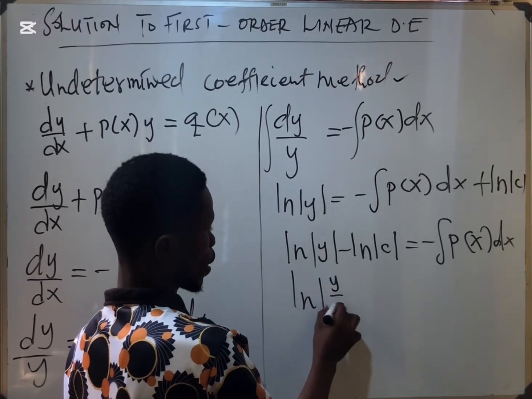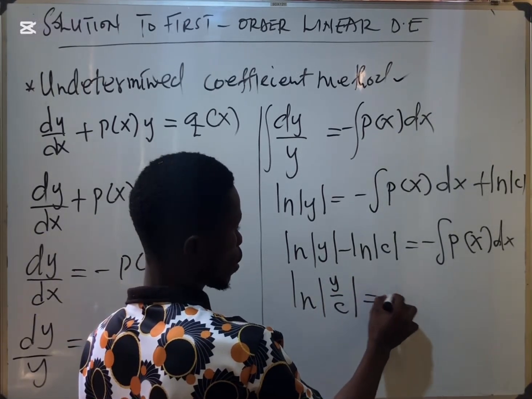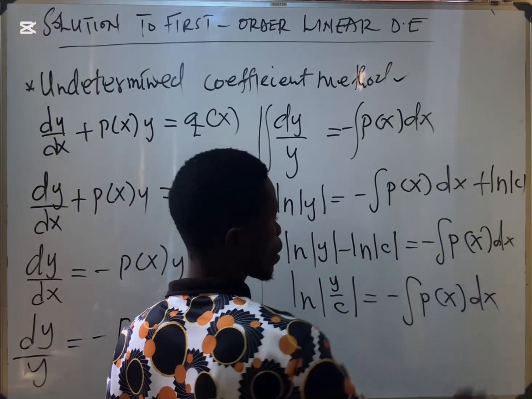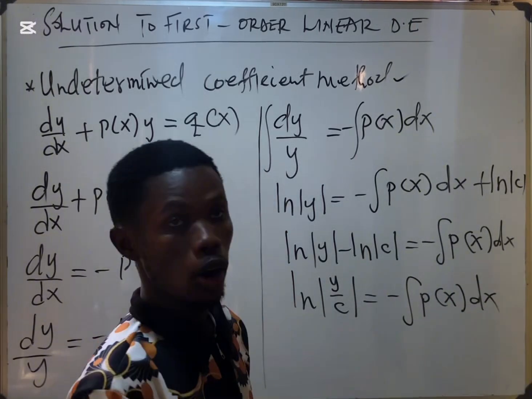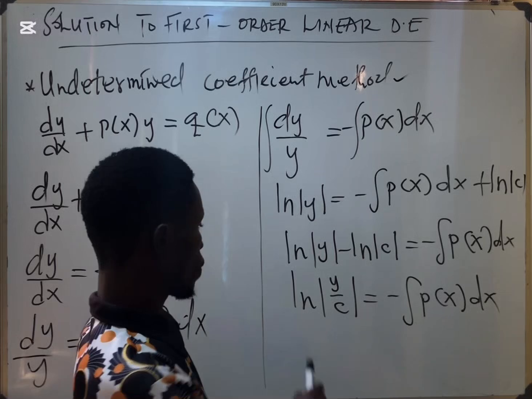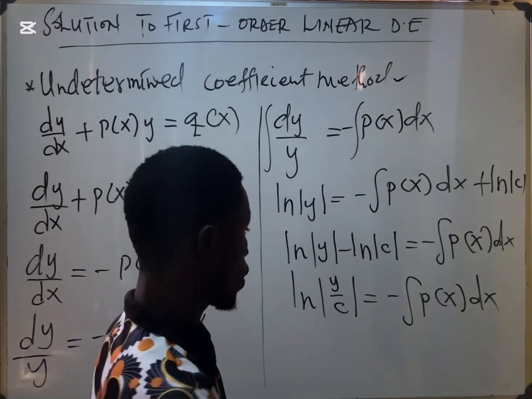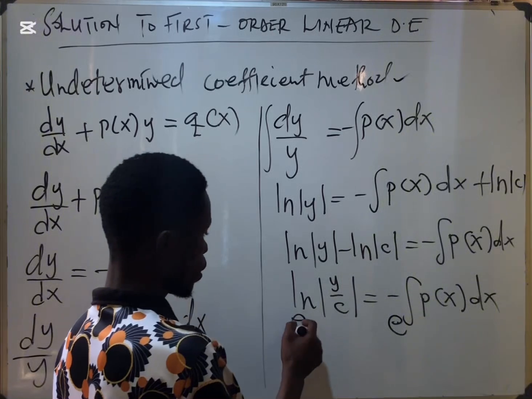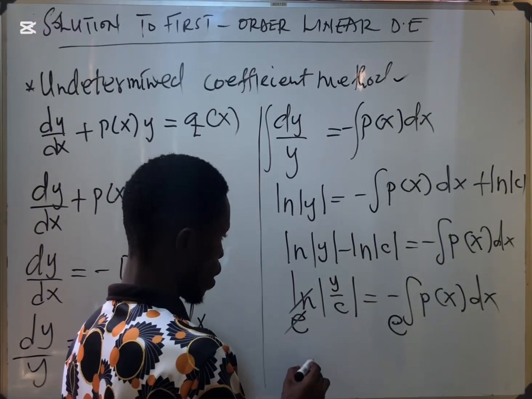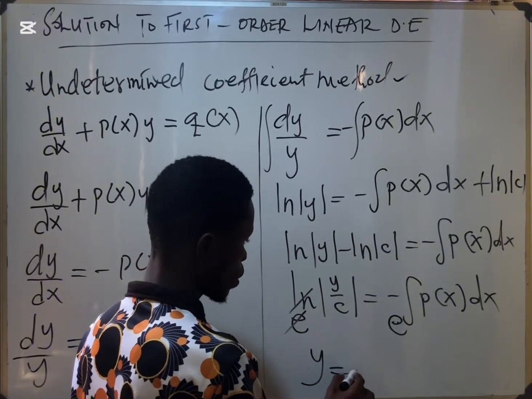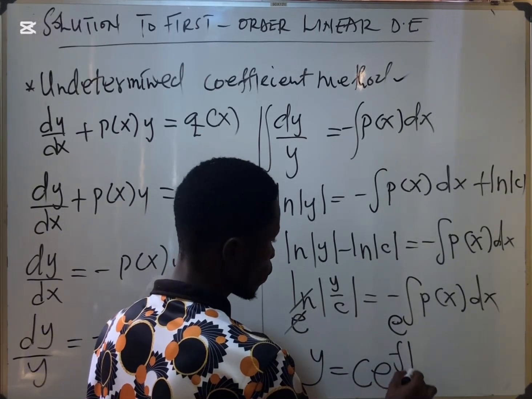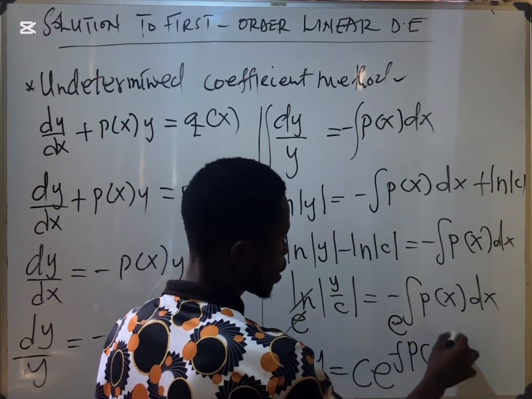Now at this point, I want to take off the ln, so I'll bring e here and e here, so that this e will cancel this, and I'll have y equals c e to the power negative integral of p of x dx.